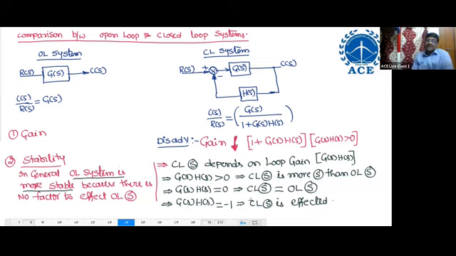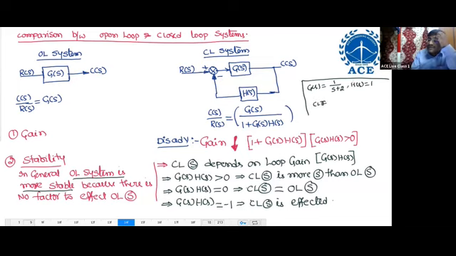Closed loop system stability depends on the loop gain. Remember, if loop gain is greater than 0, then the system is more stable, because the pole is shifted towards the left side. For example, G of s equals 1 by s plus 2, and H of s equals 1. Here GH is positive, greater than 0.